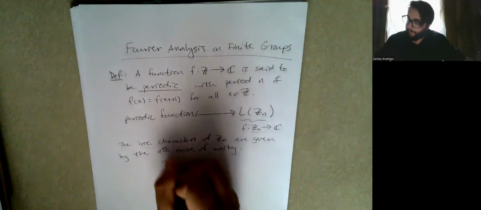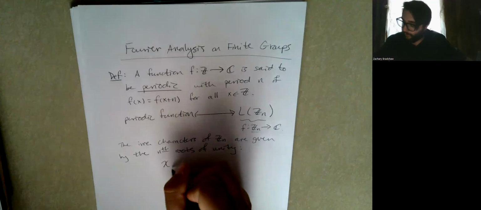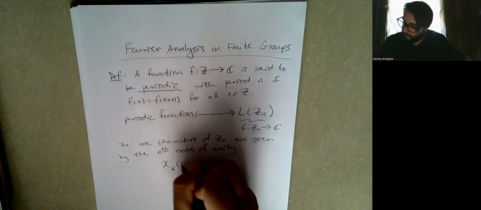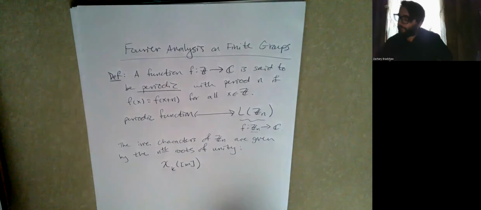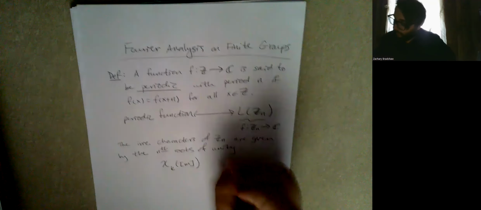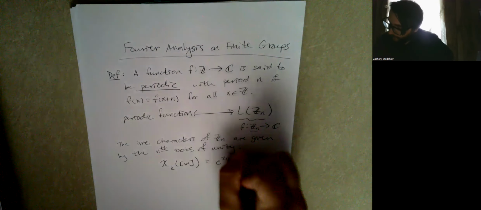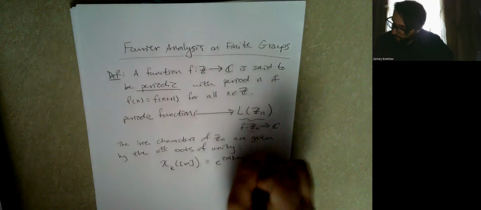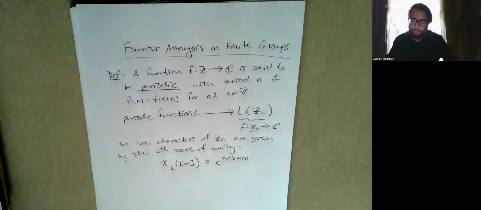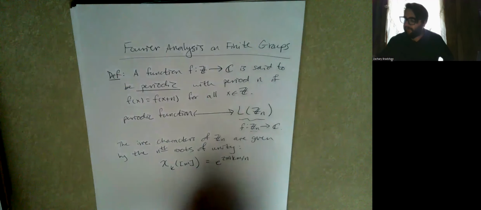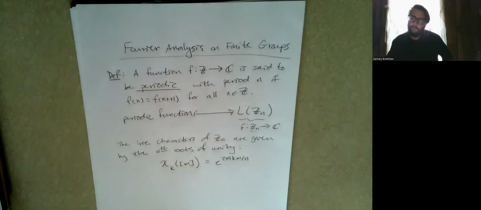In the following way. So the kth character, evaluated at the integer m modulo n, is equal to e to the 2 pi i km over n. So all of the irreducible characters fit this description for the cyclic group Zn.